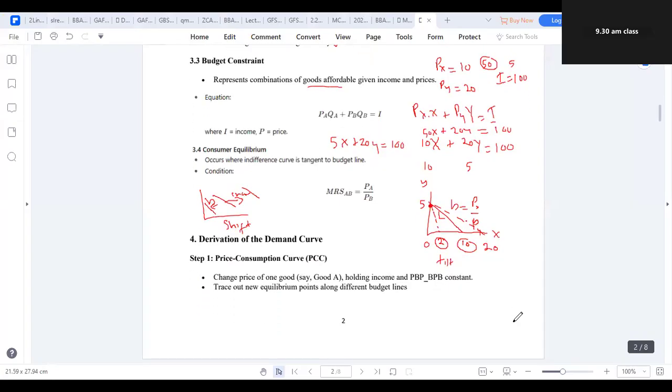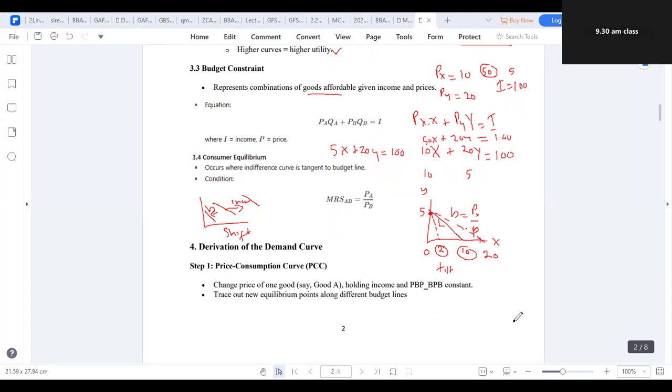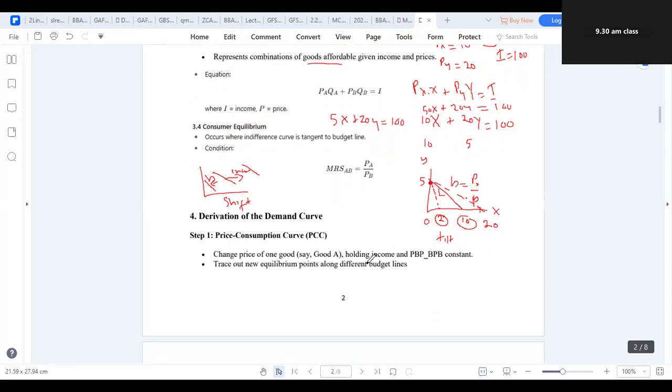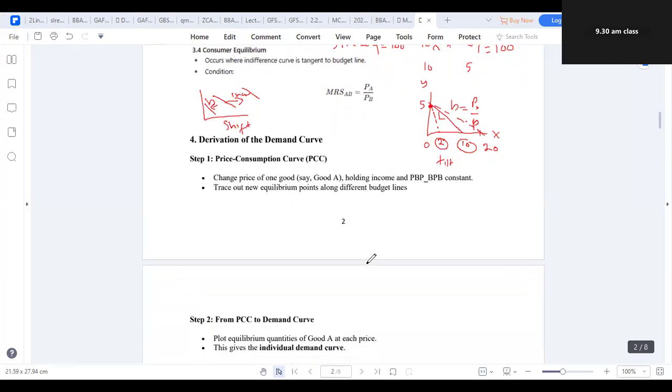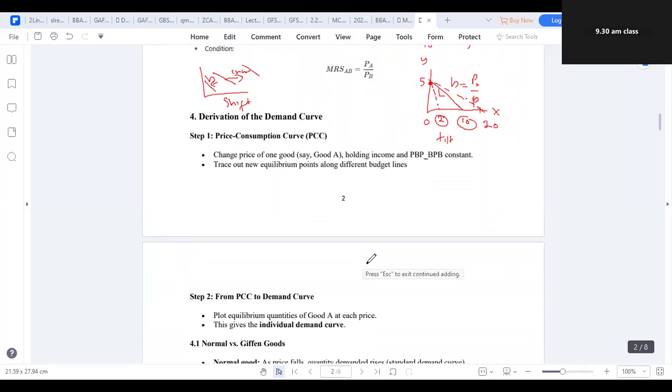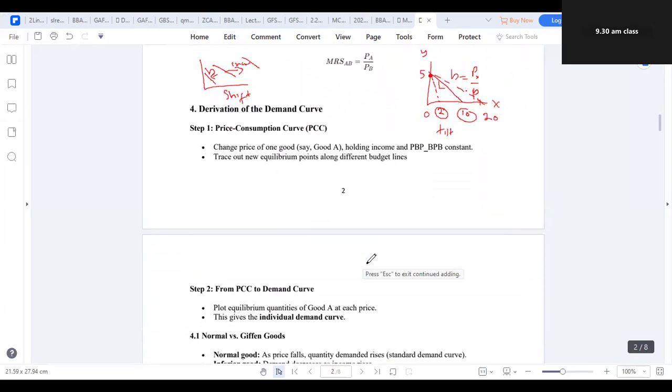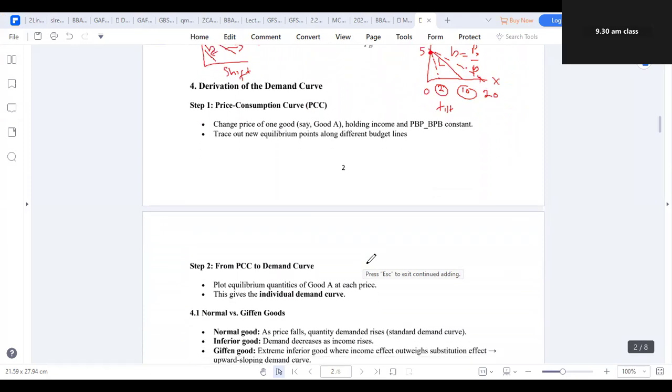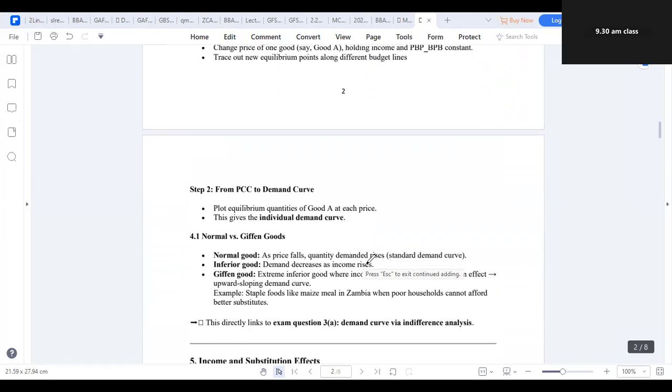So now, having explained the movement, we shall now go to demand, coming up with what is called the price consumption curve. What happens when we're plotting the individual demand curve?